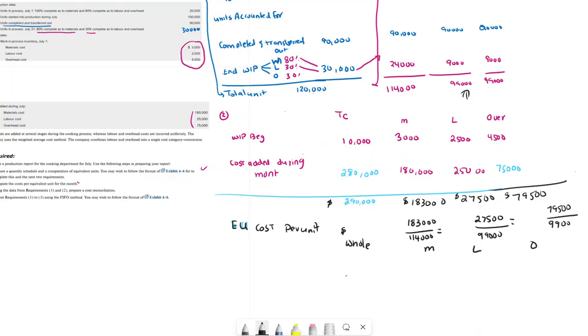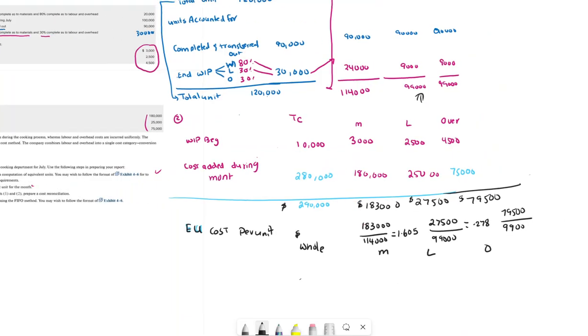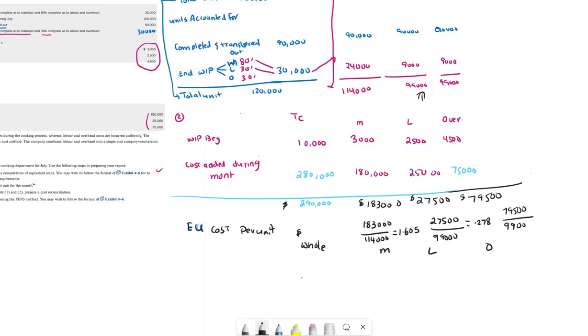So let's work out the numbers and what the total cost is. 183 divided by 114 gives me 1.60. I'm going to do it at 3 decimal places. 27,500 divided by 99,000, I get 0.278, and my last one, 79,500 divided by 99,000, gives me 0.803.